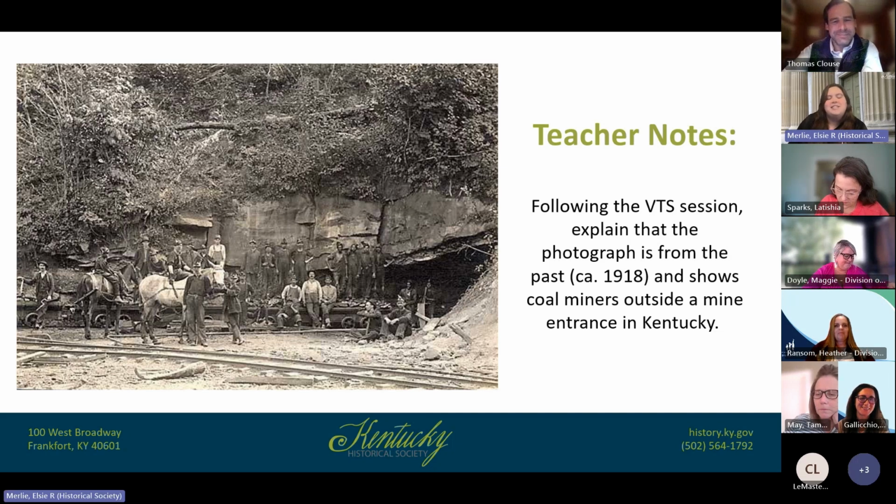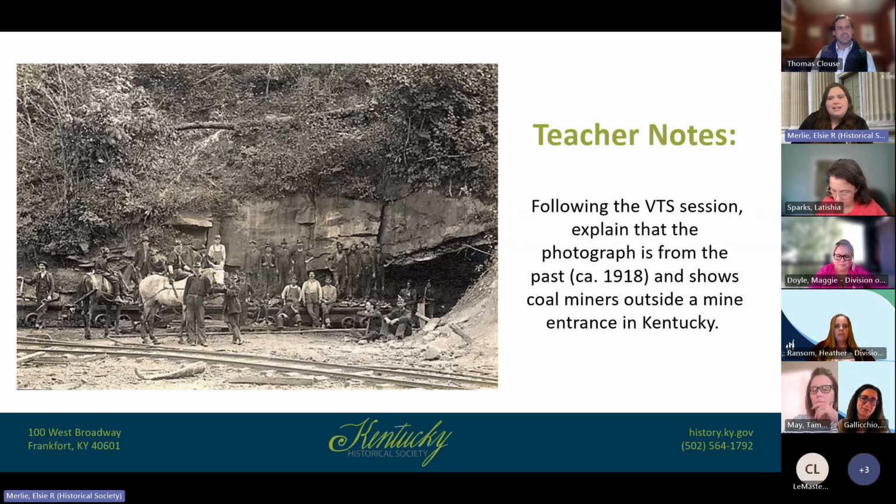All right, so I just want to provide you guys with a little bit extra context about this image, and this is something that you'll want to share with your students after the VTS session. So this photograph is actually from the past, from 1918, and it's depicting coal miners outside of a mine here in Kentucky.